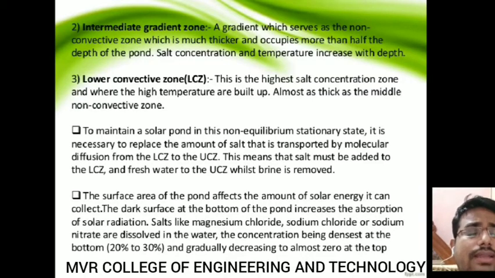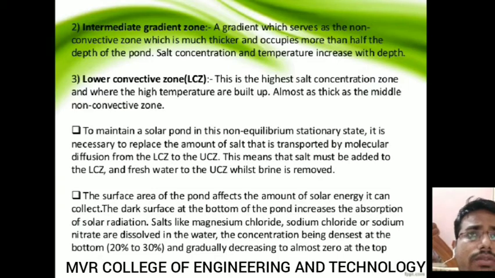We have some chemical salts like magnesium chloride, sodium chloride, and sodium nitrate dissolved in the water. The concentration is 20% to 30% at the bottom, gradually decreasing to almost zero at the top. So the maximum heat will be generated by the salts.